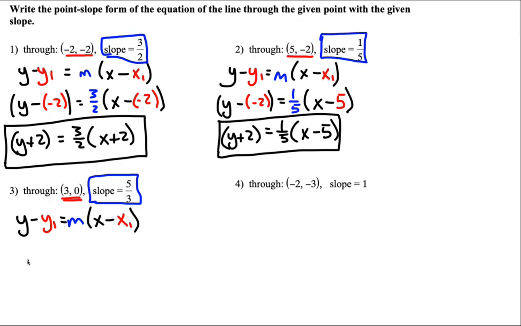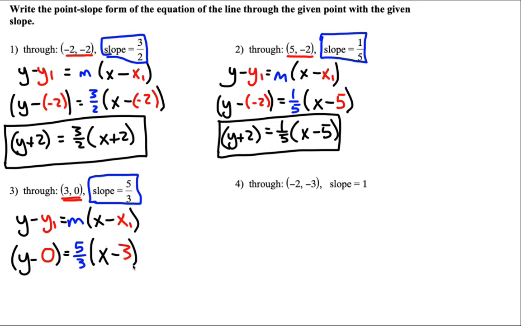So once again, this one's going to be y minus 0, because that's my y coordinate. Y minus 0, and that's going to equal, m is 5/3, times x minus 3.